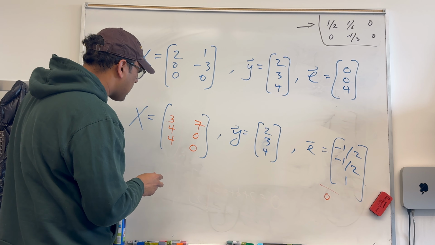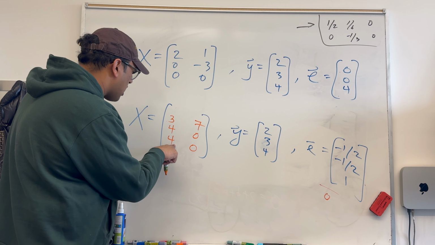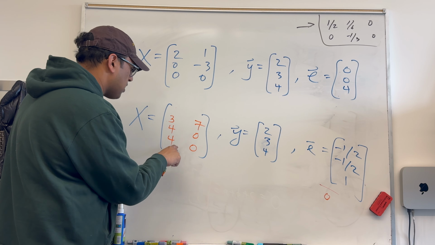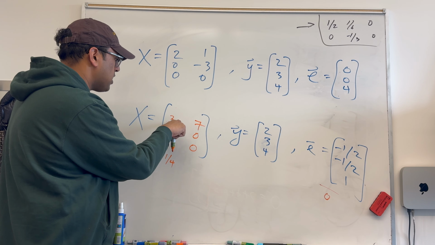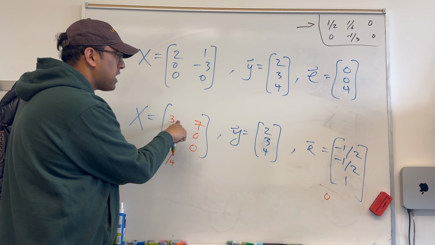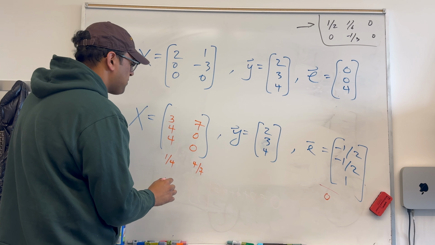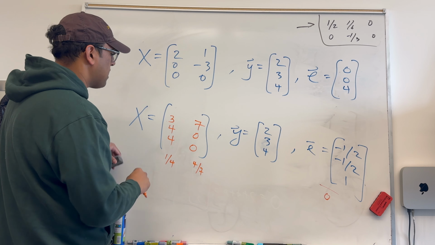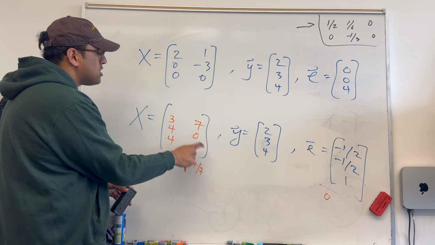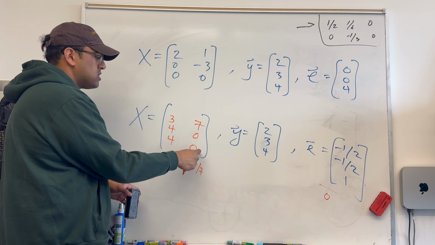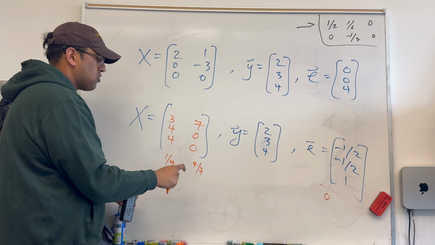I could multiply this column by a quarter, which would give me a 1 here, and 3/4 there. And then I could multiply this by 4 over 7, or whatever I would need to turn this 3/4 into 1. And these would still be the ones that come from multiplying these 4s by 1/4.